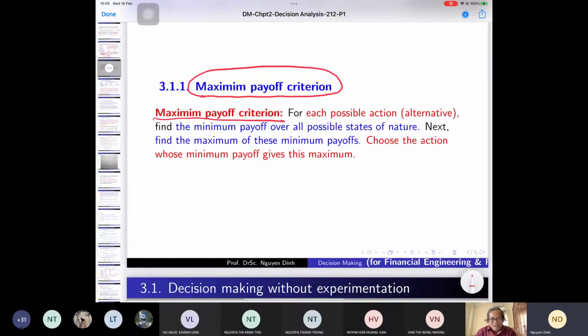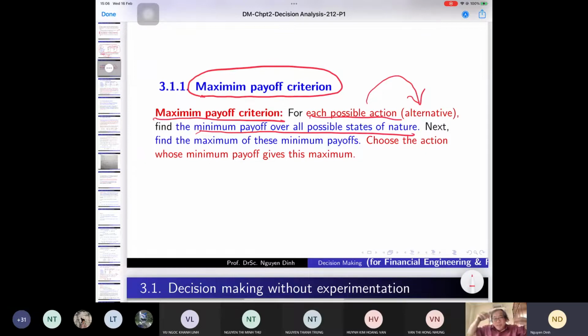So for each possible action, that means each possible alternative, A or B, we find the minimum payoff over all the possible states of nature.